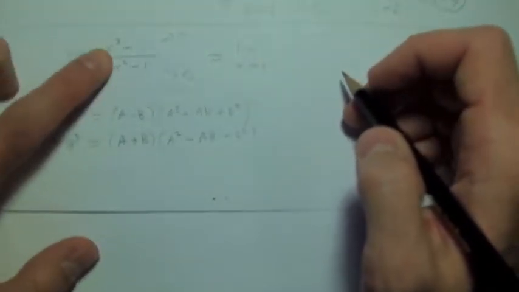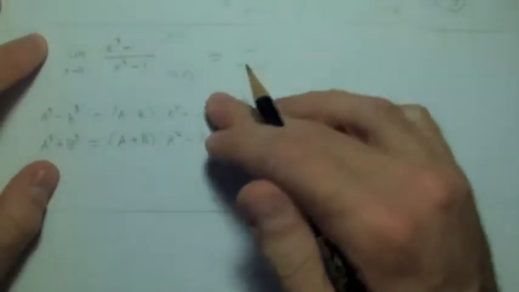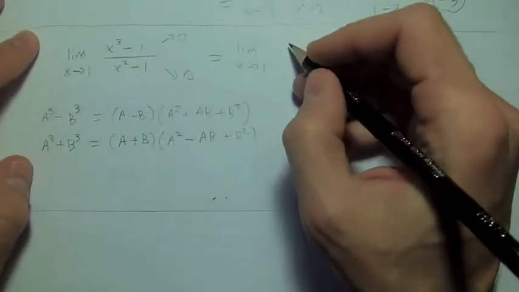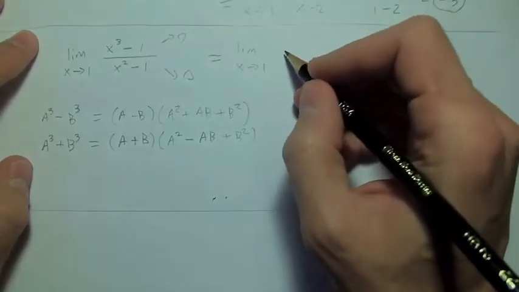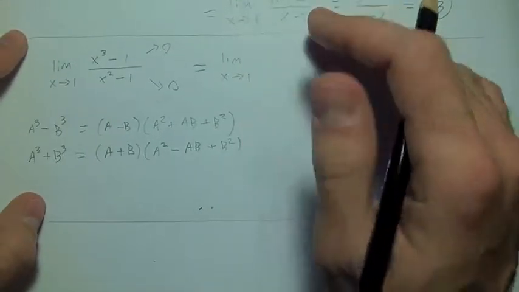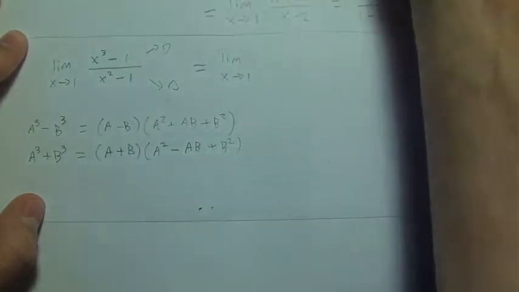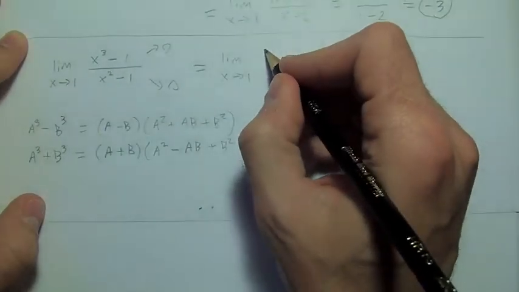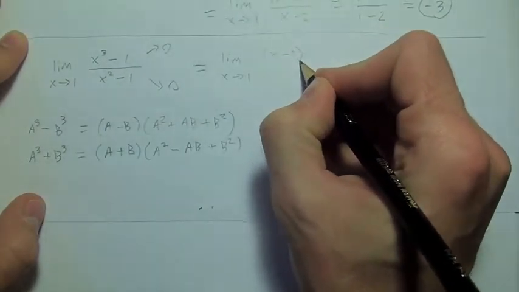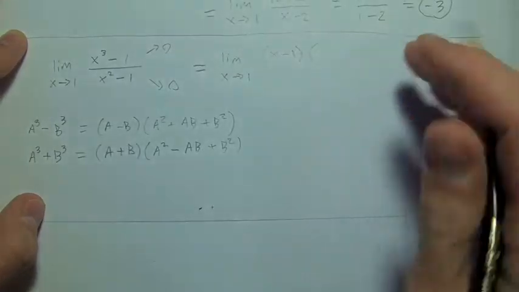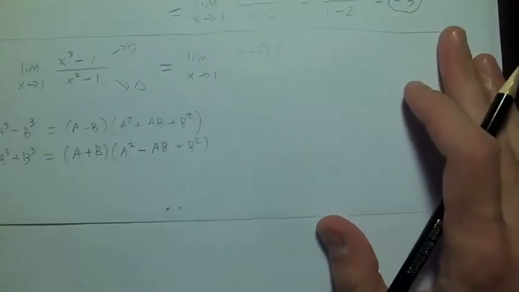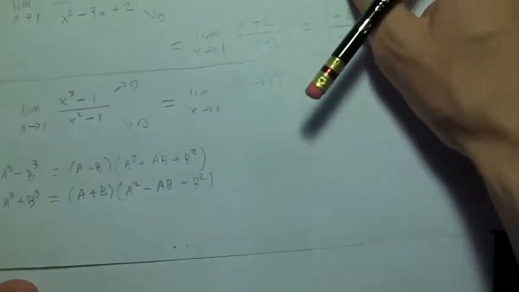Anyway, so a here is going to be x, b is going to be 1. Right? So this will be the limit as x goes to 1 of x minus 1 times, let's see, it's kind of hard to see that one. Let's see if shifting down will help.